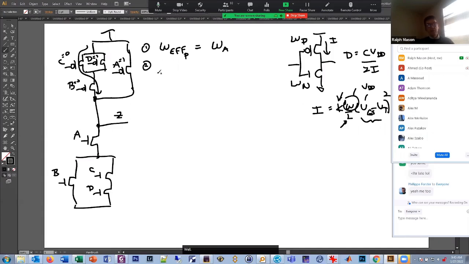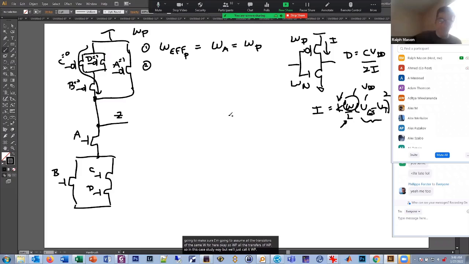Just to make things a little simpler, I'm going to assume all the transistors have the same W here, okay? So WP, all the transistors have WP. In this case, it's WA, but we'll just call it WP. But all the transistors have WP. So in case 2, what would be W effective?